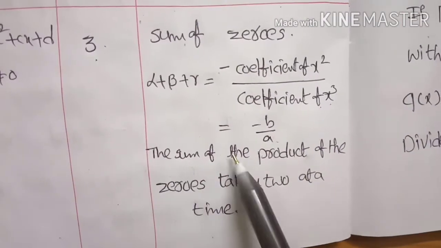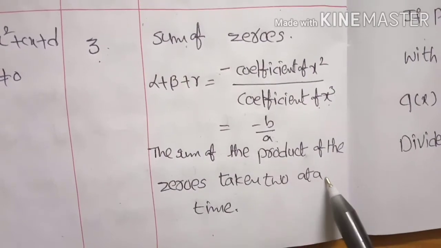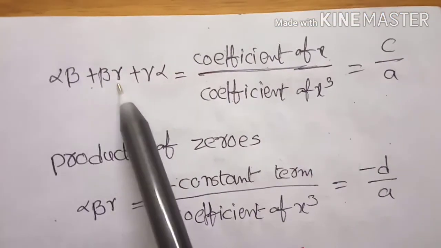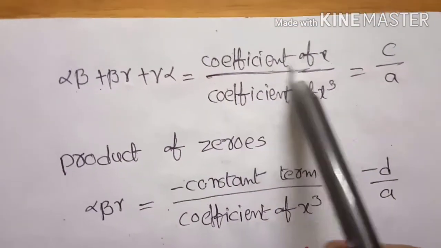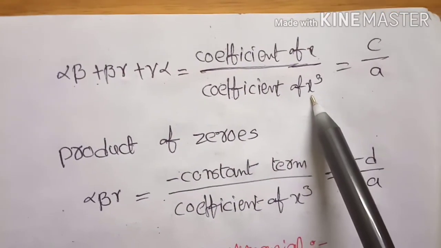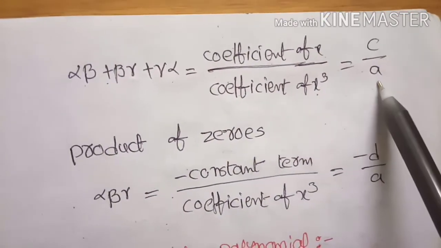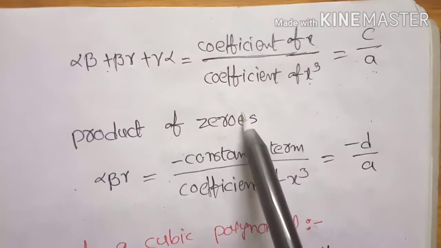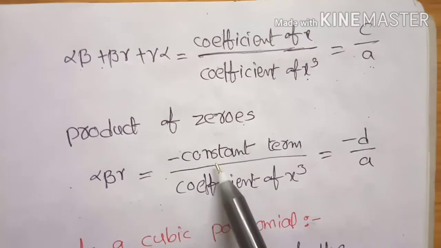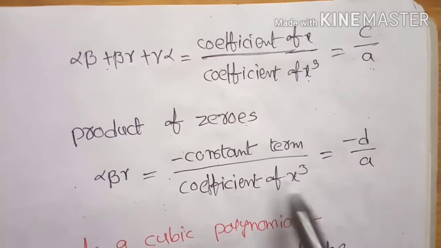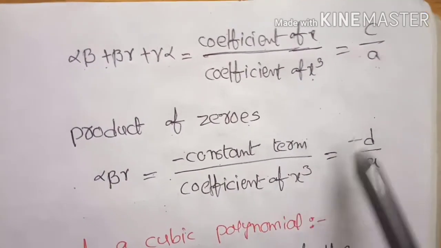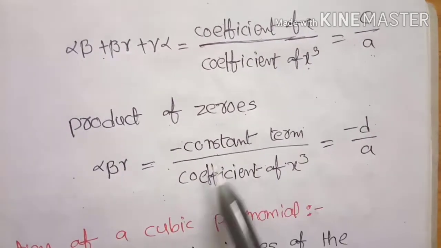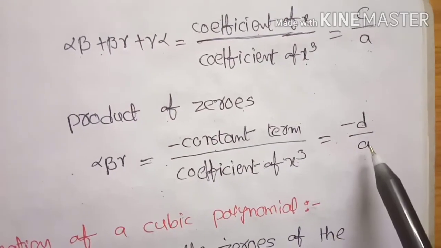Then the sum of the product of the zeros taken two at a time, alpha beta plus beta gamma plus gamma alpha, is equal to coefficient of x by coefficient of x cube, that is c by a. Next, product of zeros, alpha beta gamma, is equal to minus constant term by coefficient of x cube, that is minus d by a.